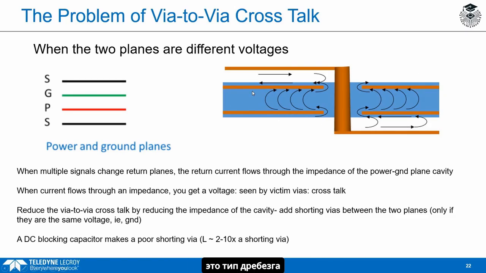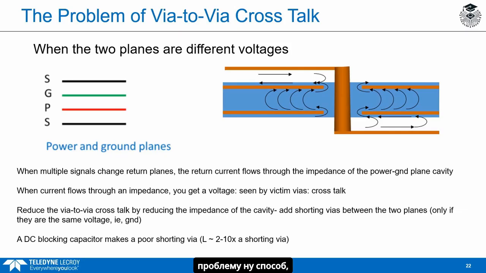It's a type of return path bounce. It's due to the impedance of the return path, and all of these paths through the cavity are common to all the other signals that are transitioning from the top to the bottom. And the more dI/dt, the more noise I'm going to get in the cavity, and my other IOs are going to see that pass through the cavity.